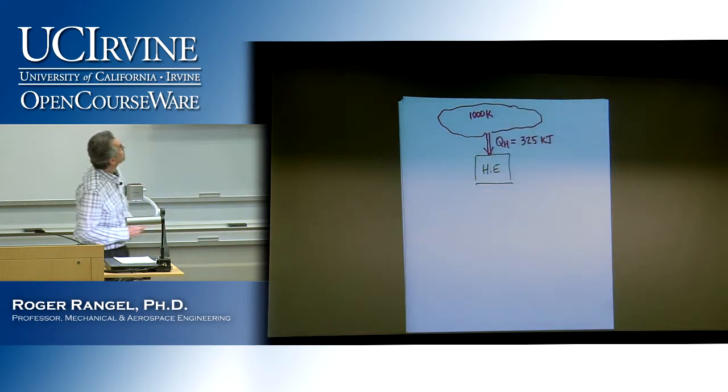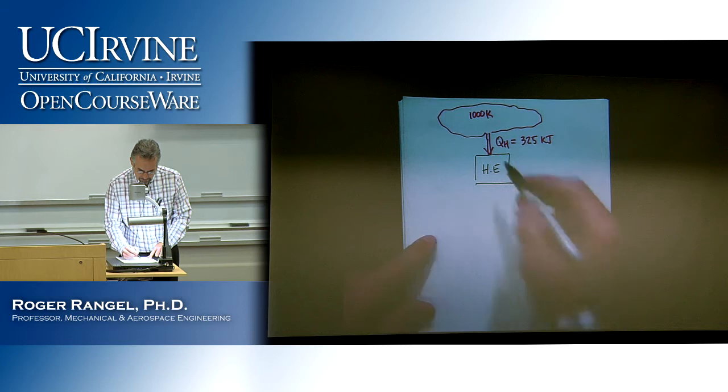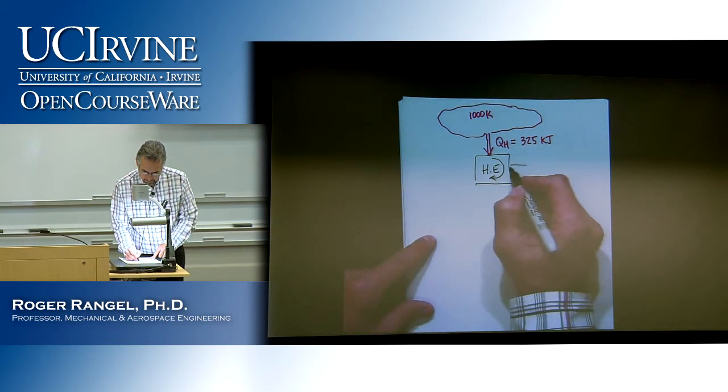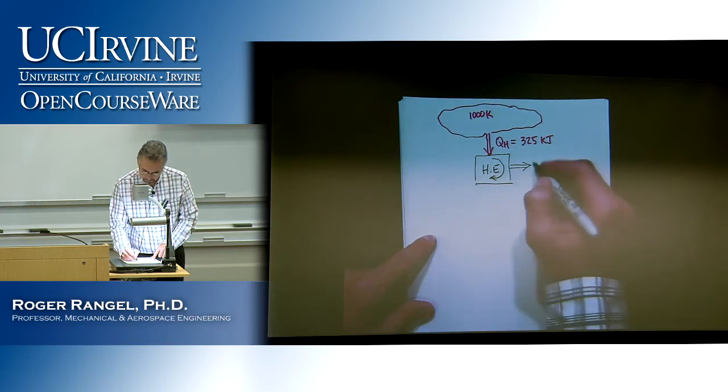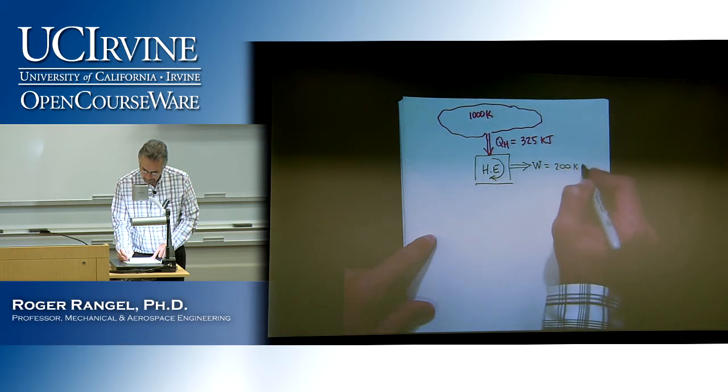All right. Then this heat engine is operating in a cycle, and delivers a net amount of work, which is 200 kilojoules.